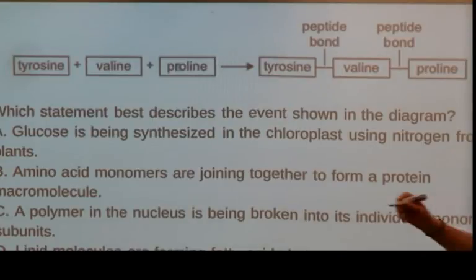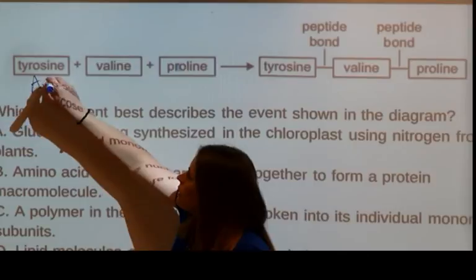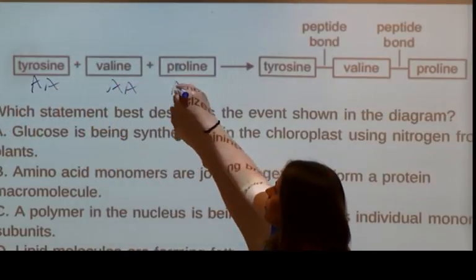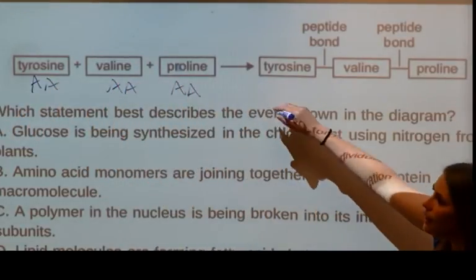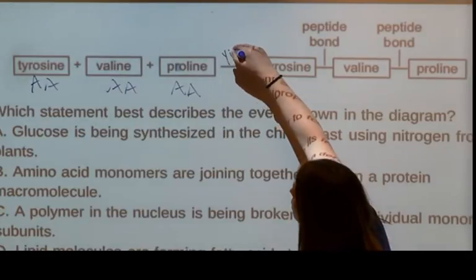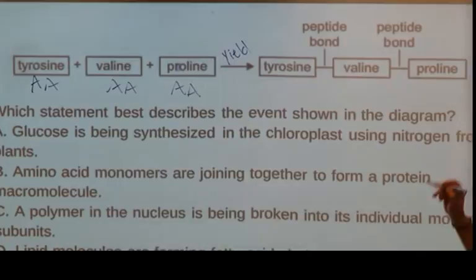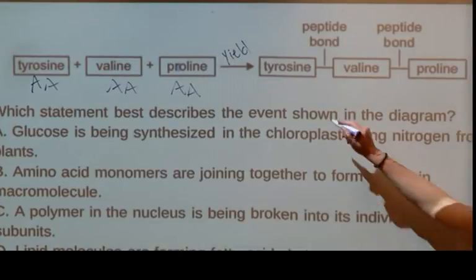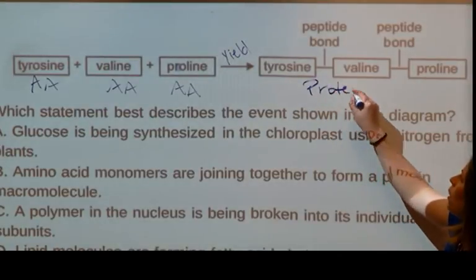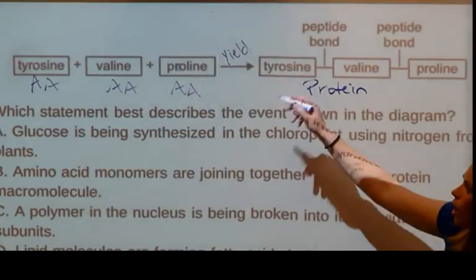Amino acids. So I've got an amino acid, plus an amino acid, plus an amino acid, and it's yielding, because remember this arrow means to yield in a chemical equation. And then what do I have on this side? A protein. So what process is this doing?